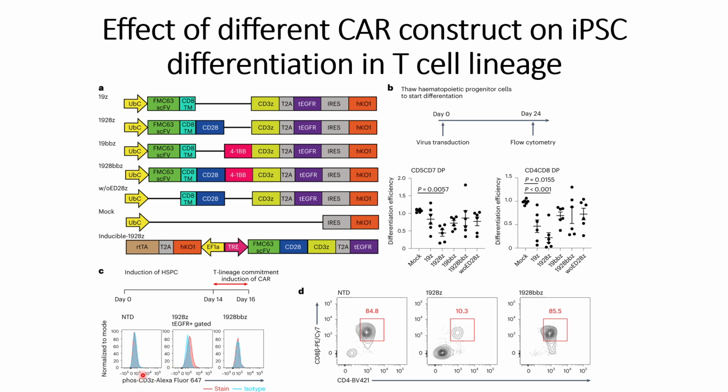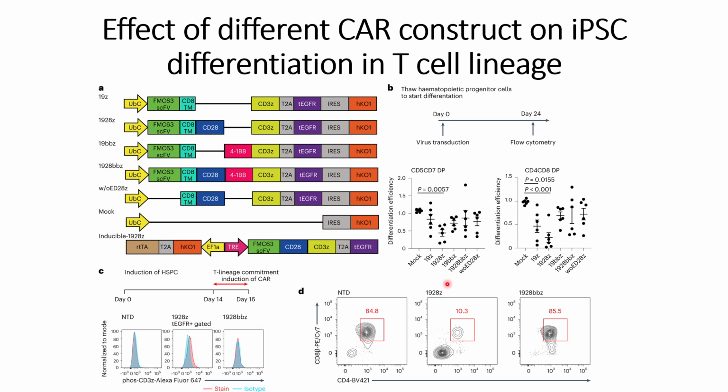Phosphorylated CD3 zeta signal increased in the case of 1928 zeta, but did not increase in the case of 19BB zeta, indicating that non-specific tonic signaling is observed in the case of 1928 zeta CAR transduction, and that is impairing the differentiation of these iPSCs to the T cell lineage.